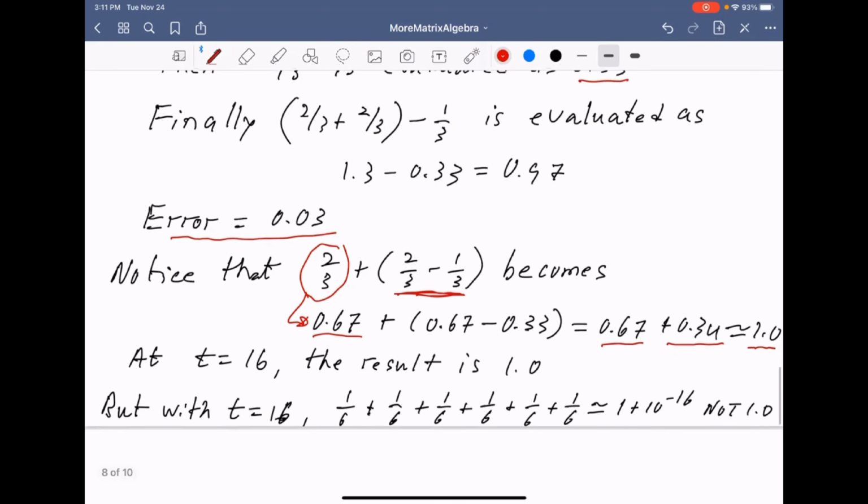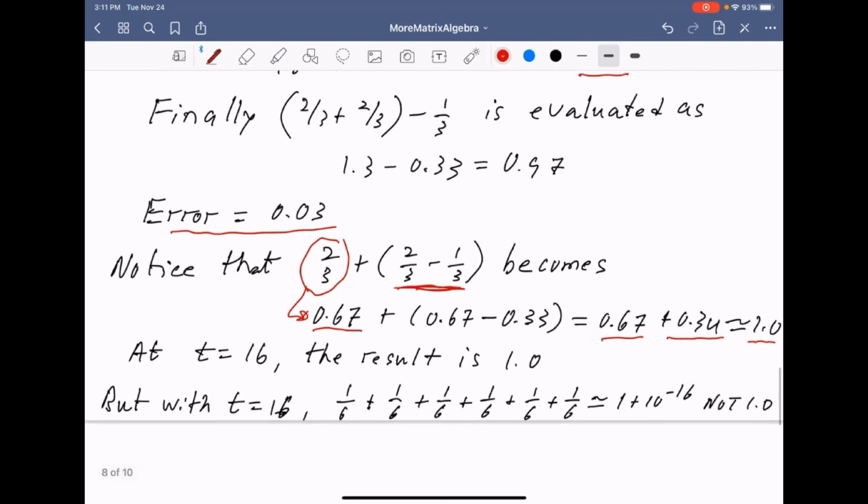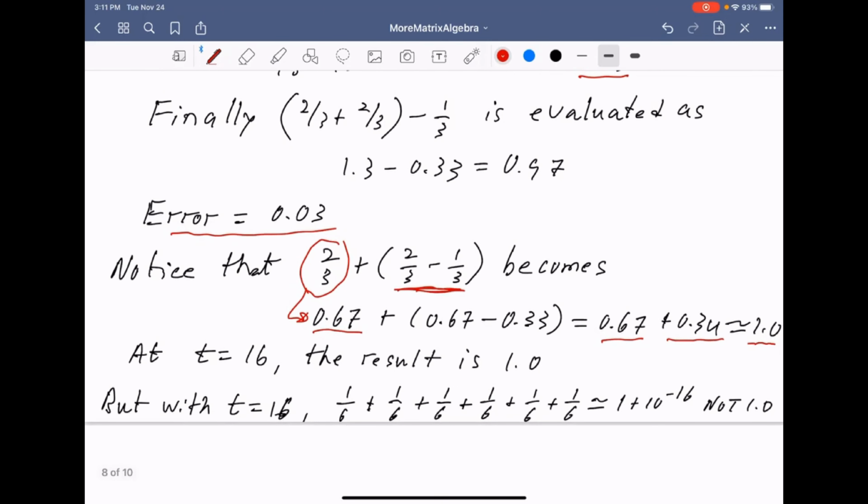So in this case, it is correct. Finally, at t equals 16, the result is 1.0. But with t equals 16, suppose we wanted to add 1/6 six times, which would give us 1, but it's not evaluated at 1, it's evaluated at 1 plus 10 to the minus 16.